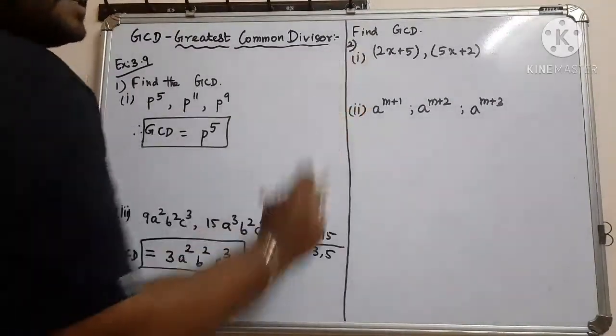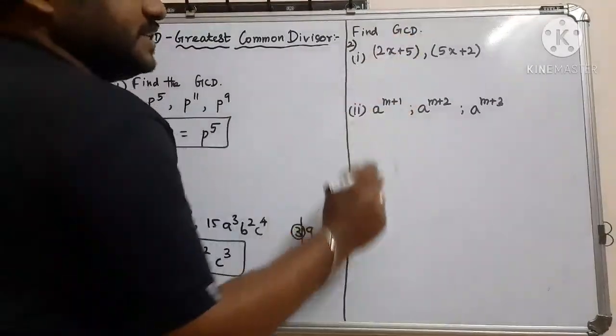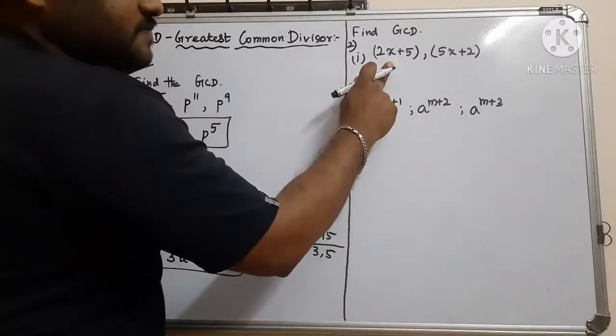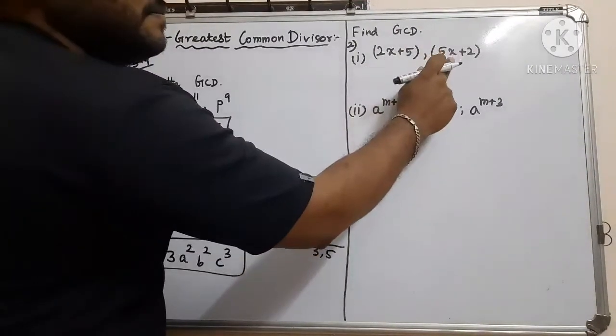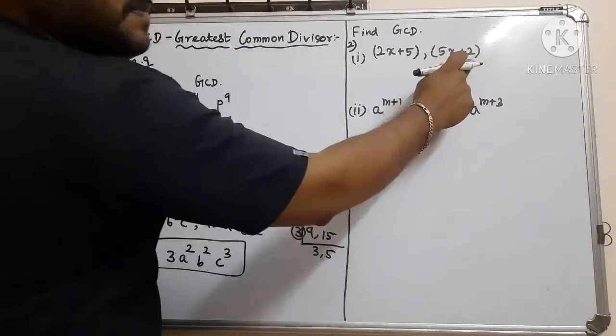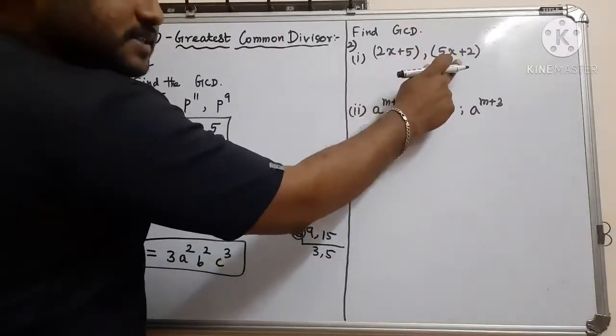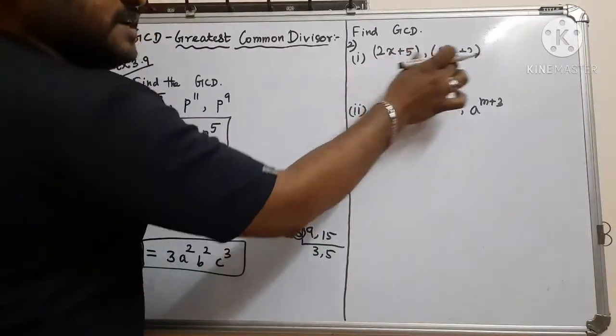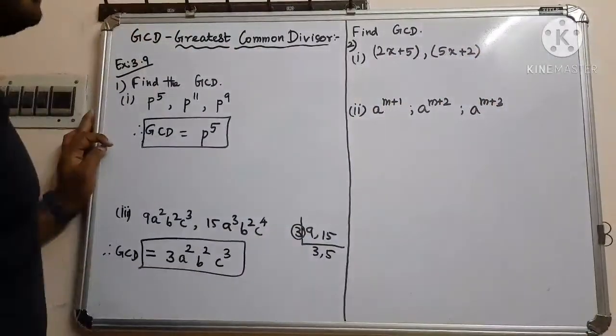Understood? Next, second question, find the GCD. First question is 2x plus 5 comma 5x plus 2. This is one term, this is one term. First term is 2x plus 5, second term is 5x plus 2.